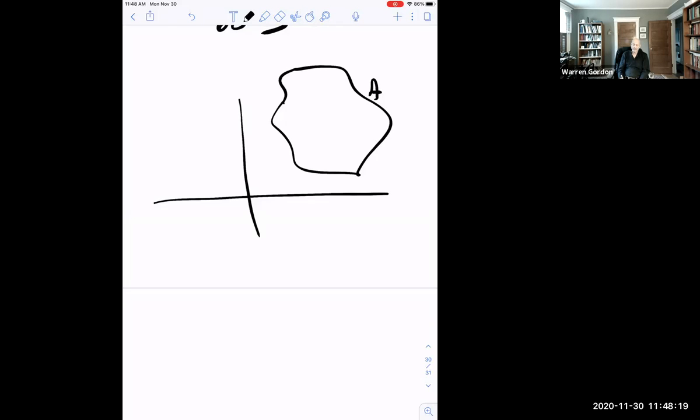Suppose I ask, here's another little region, some region of area little a. What's the probability that I choose a point in this little region? Well, the probability will just be the area of this region divided by the total area, if it's uniformly distributed in 2 dimensions.